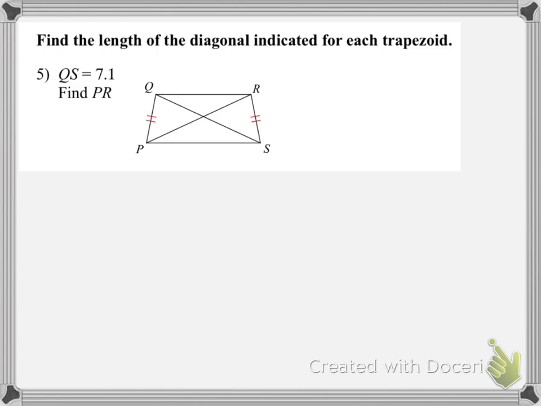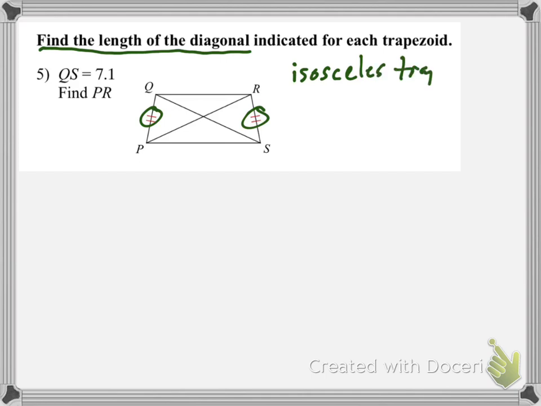All right. Now, it wants us to find the length of the diagonal. Look here. We have an isosceles trapezoid. Now, what that means, also, if you have diagonals in an isosceles trapezoid, the diagonals are congruent.